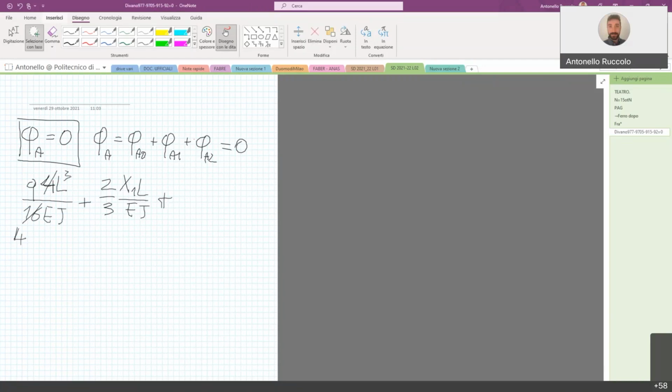Plus, this is a plus, plus phi A2, which was equal to x2 times L over 3 E iota, because it was 2L over 6. This is equal to 0. Do you think it is right, or is there any mistake?